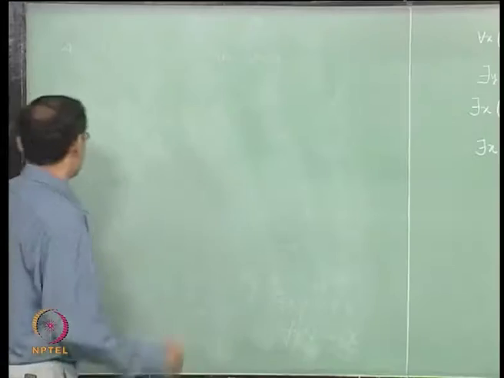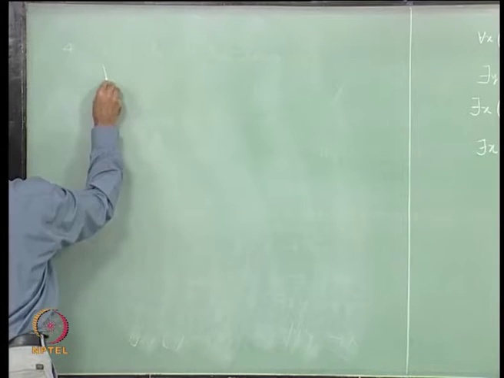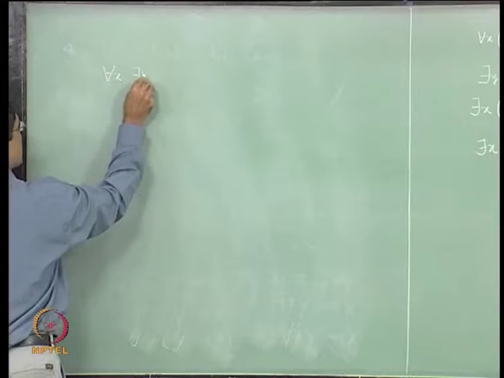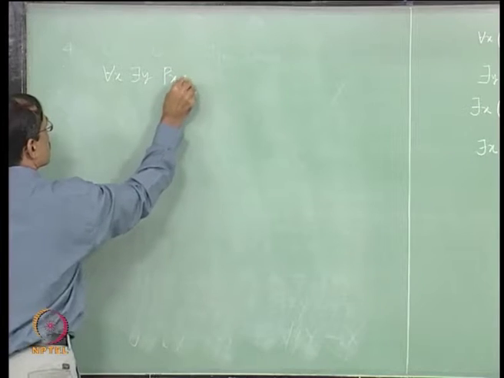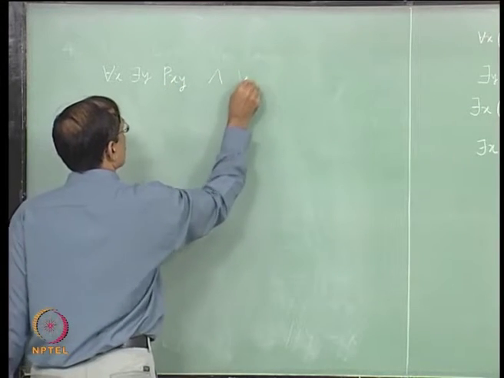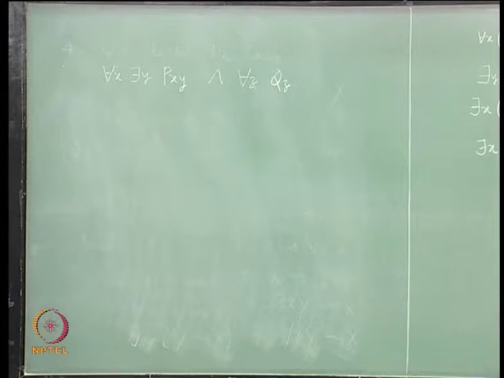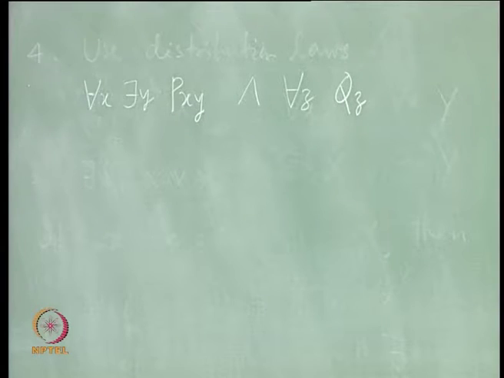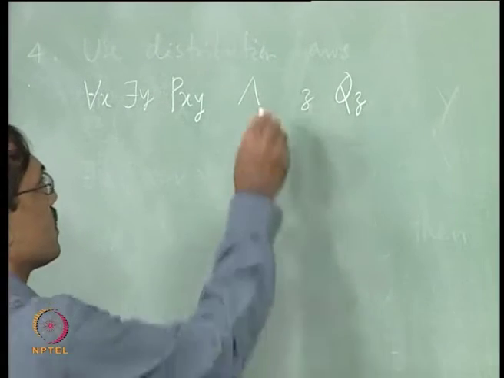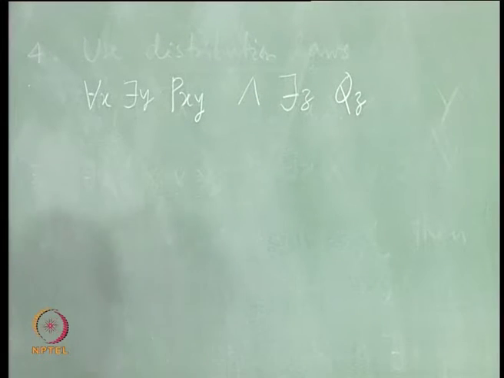Well, let us consider this formula. Okay. Suppose we consider this formula, or even you may say ∃z q z, does not matter, it will be easier to see this.